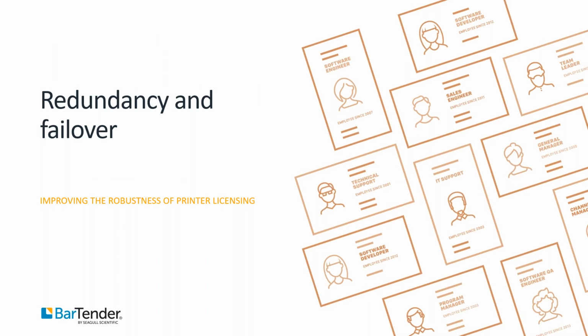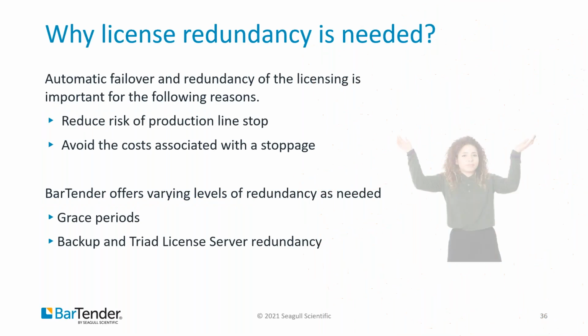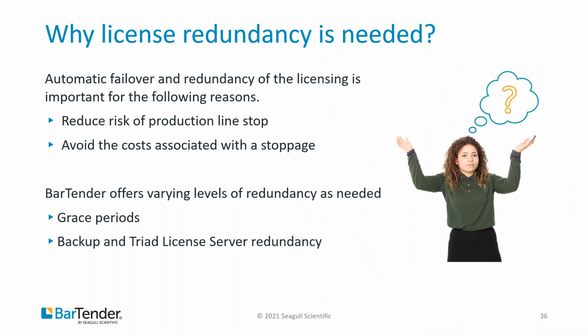Okay, so what happens if things go wrong? Redundancy and failover. It's all about improving the robustness of printer licensing. First, why license server redundancy is needed. Basically, we want automatic failover, and redundancy of licensing is important because we want to reduce or eliminate the risk of production line stops. We want our customers to be able to continue producing on their production line.